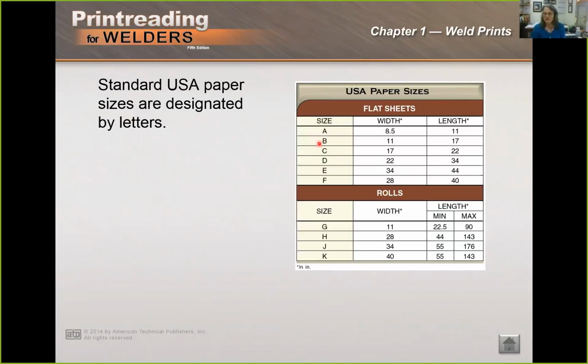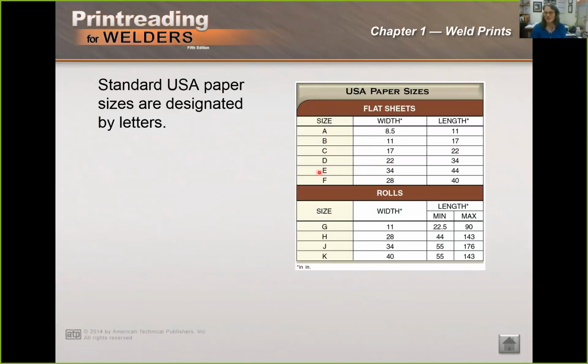If they want B-size, they want 11 by 17. It's very common in industry to talk about B-size, C-size, D-size, as opposed to inch size. Just like when we're working in an office, we talk about letter paper and legal paper.